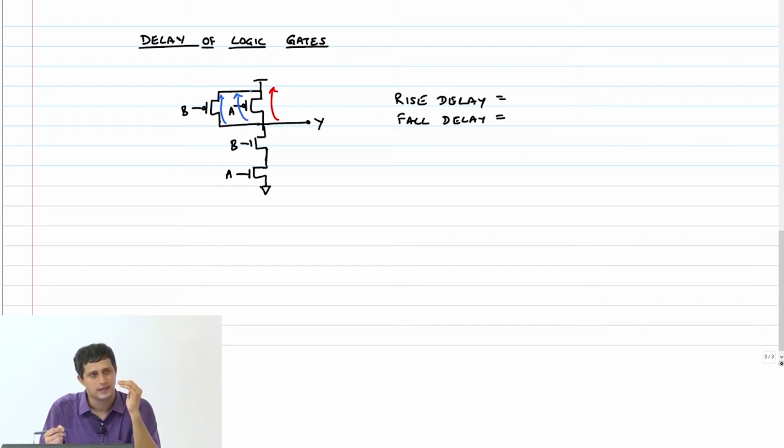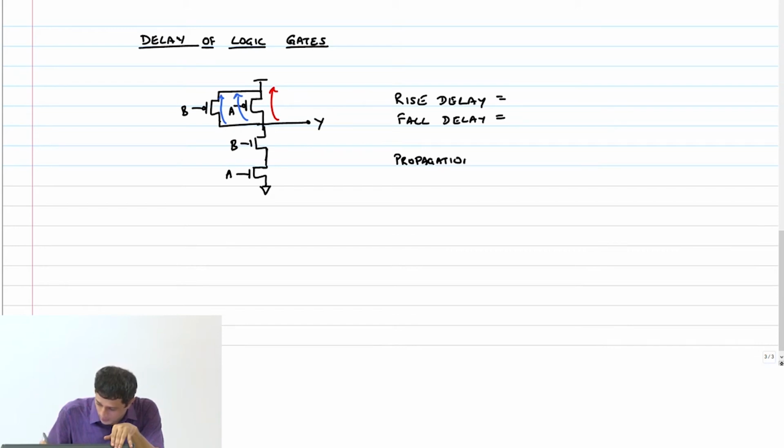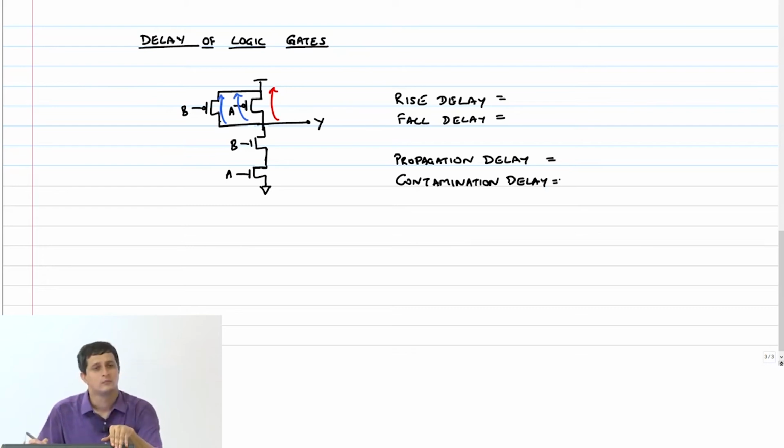So the definition of these two delays: for each of these two, I have what is known as propagation delay and contamination delay. This is your worst case delay.